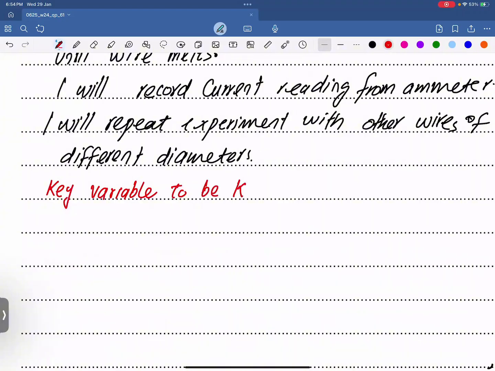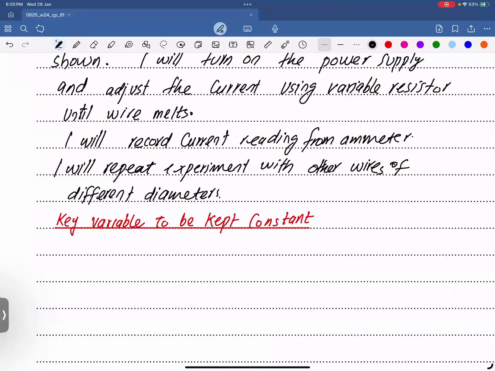To be kept constant. So your key variable to be kept constant. Do not write temperature because temperature cannot be constant. How will the wire melt? Do not write length because length is already given. It is same.